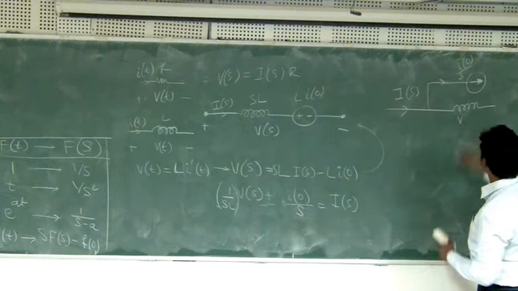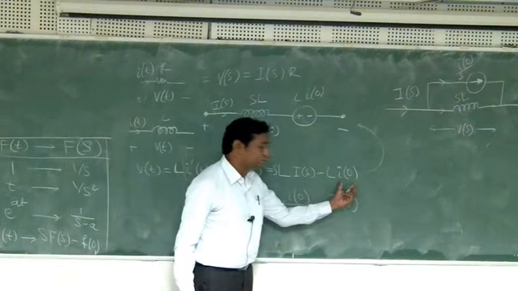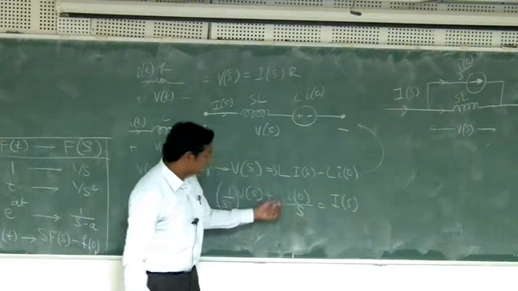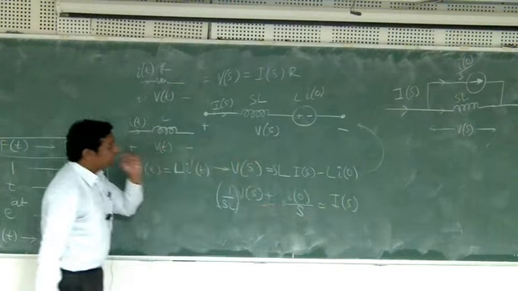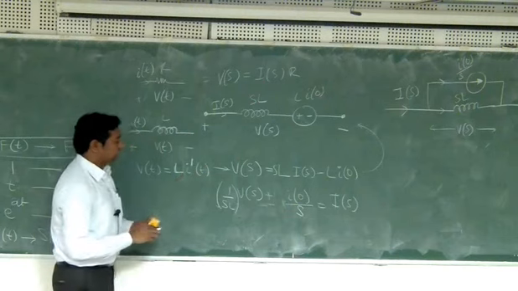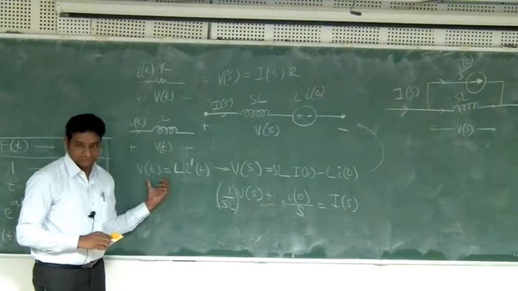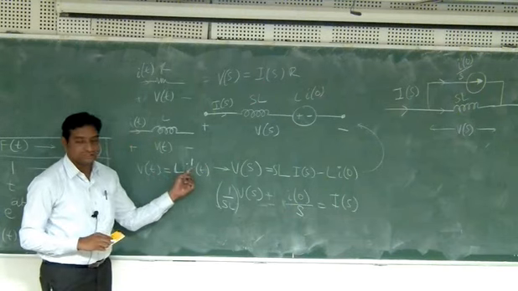So all these problems come only if there are some initial conditions. That means initially some current is flowing, or initially some current is flowing here. If that is not there, then I can always short circuit this, and it becomes very straightforward. Now one thing you should notice, on the left side is a differential equation because of the differentiation.